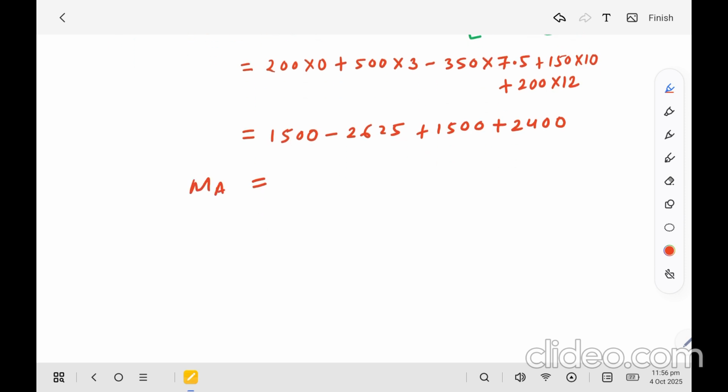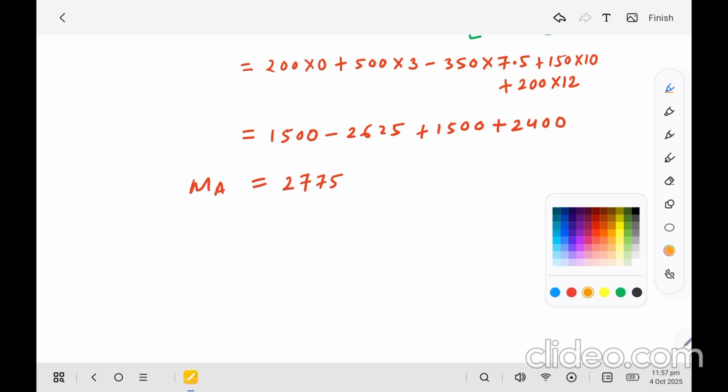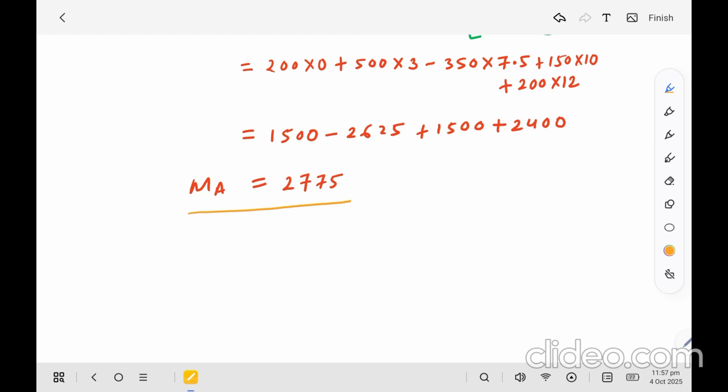So MA is 2775. Now we know the value of the algebraic sum of the moments of all the forces.